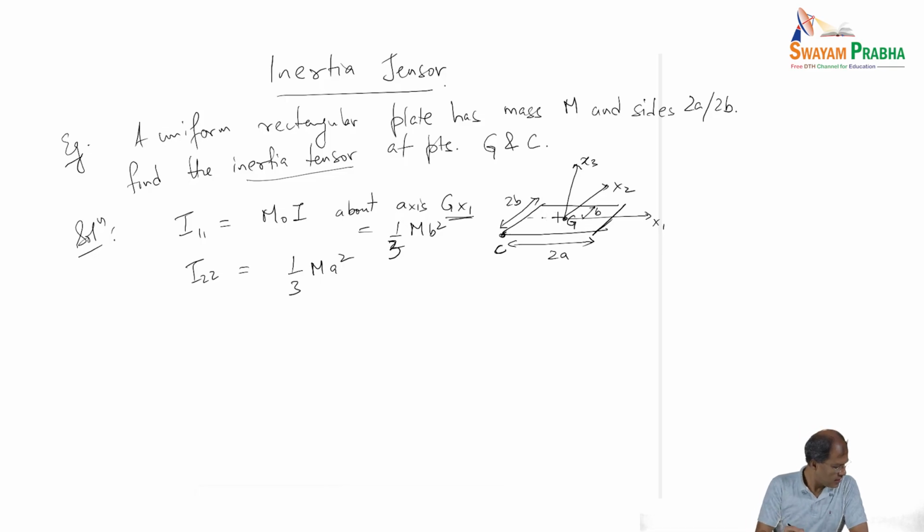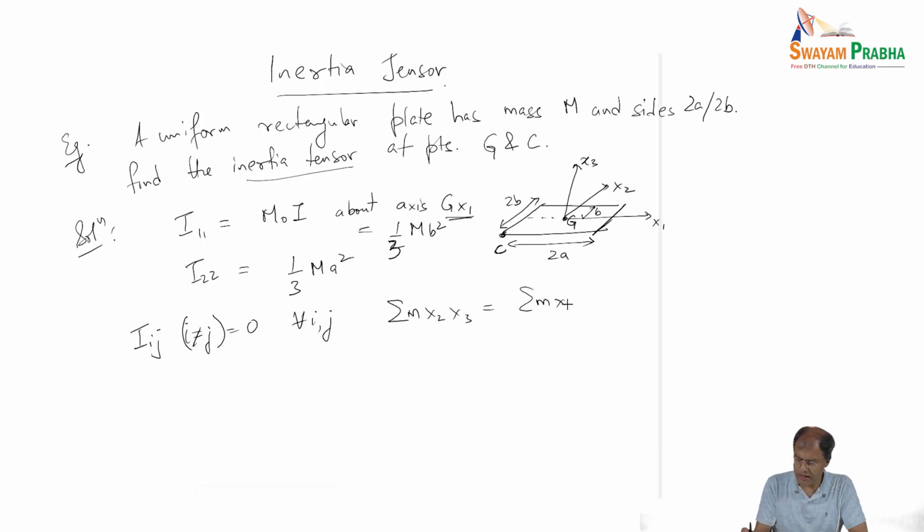Then we can find out that the off diagonal moments, Iij for i not equal to j, are 0, because we are talking about rotation about the principal axis here. So the summation m x2 x3 and the summation m x1 x3 are 0.